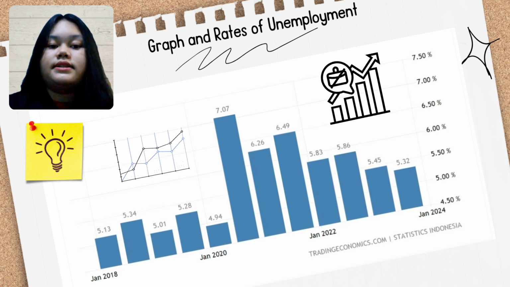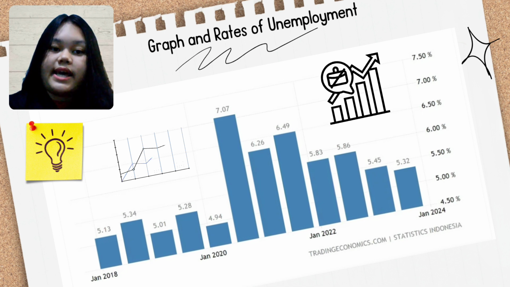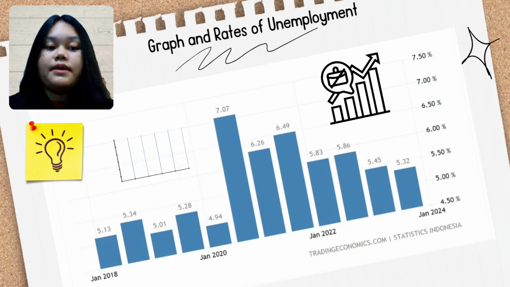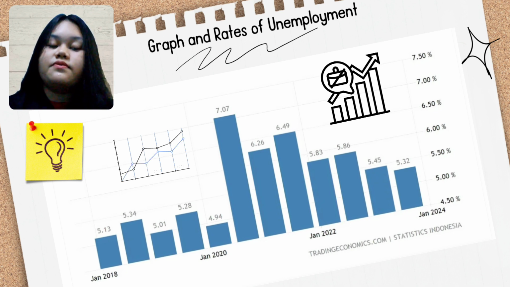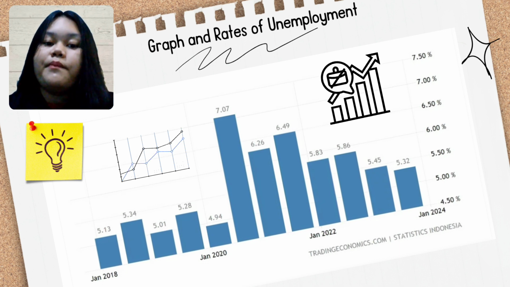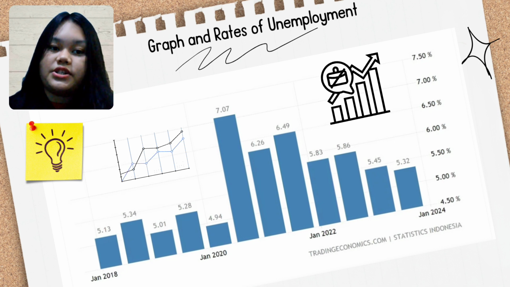Also, in the first quarter of 2022, the unemployment rate in Indonesia dropped to 5.83% from 6.28%. In the meantime, the unemployment rate in Indonesia dropped to 5.45% in the first quarter of 2023 from 5.83% in the same quarter a year earlier, amid the lifting of COVID-19 restrictions.